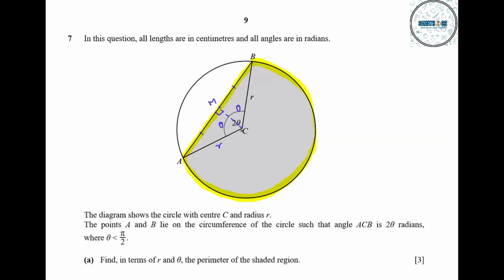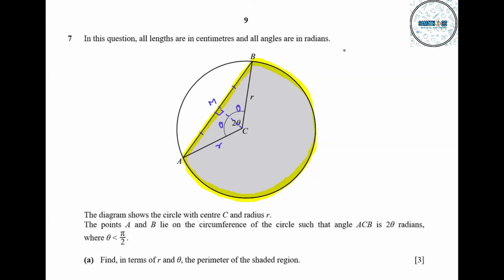We have this right angle triangle. This R is the hypotenuse, and we have to find out this. This is opposite to theta, so this is opposite. We can apply here sine theta to find out the value of AM in terms of R and theta.